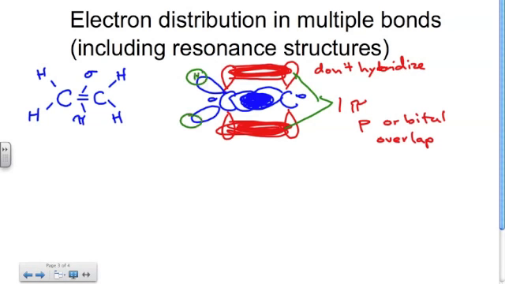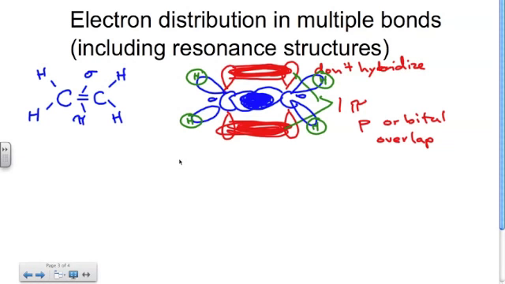And those hydrogens were just good old s orbitals. So this takes a little bit of thinking.